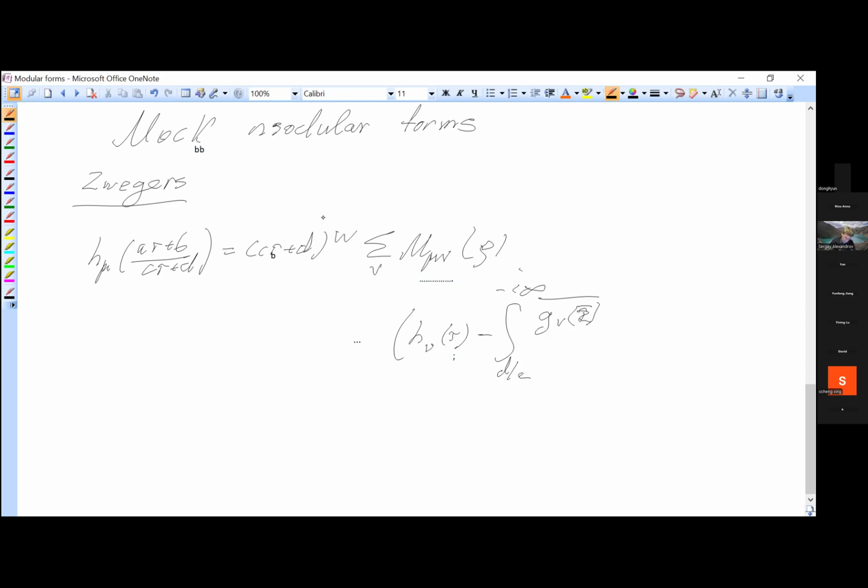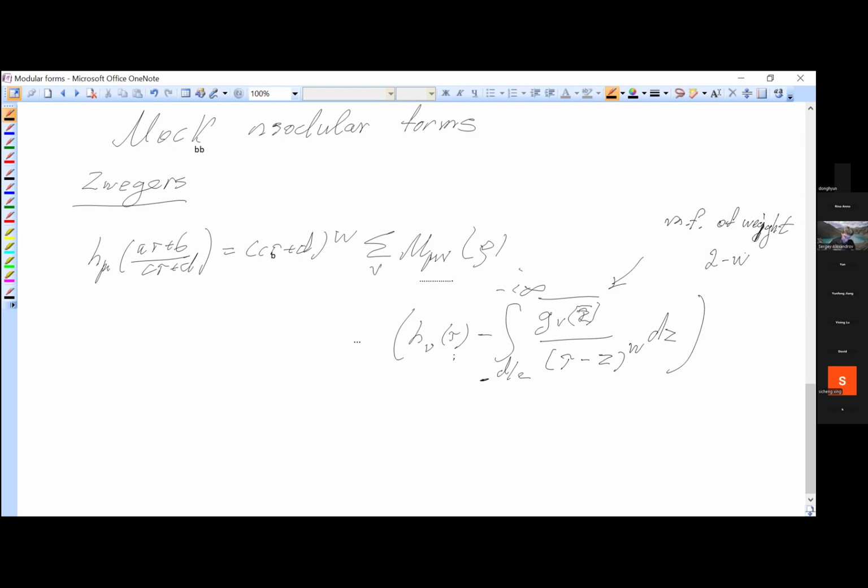So the integral from minus d over c to minus i infinity of g nu of z bar, complex conjugated, and then we have tau minus z to the power w, dz. Where g is another modular form of weight 2 minus w.